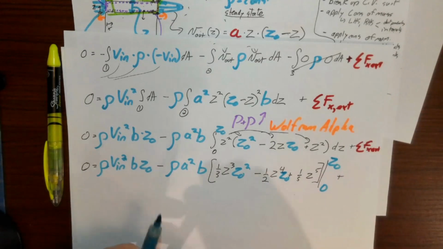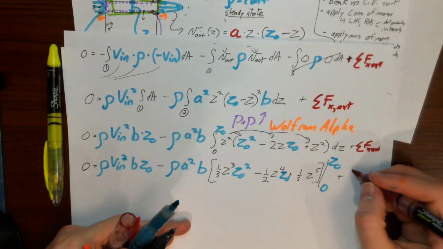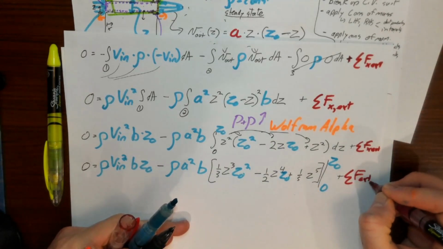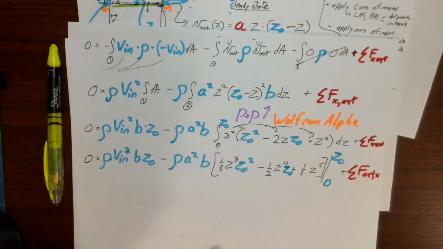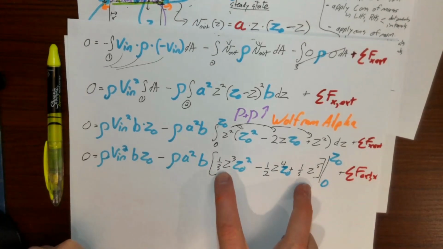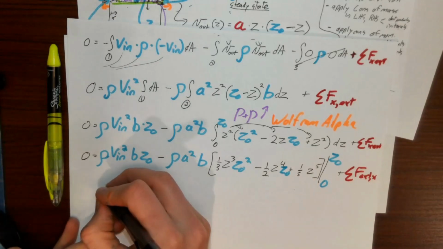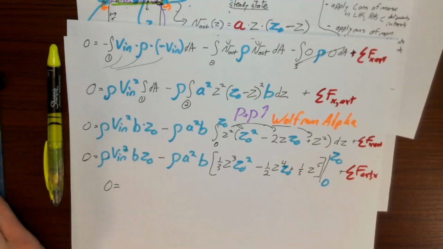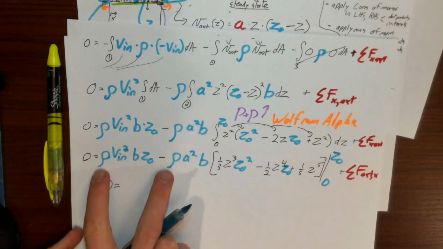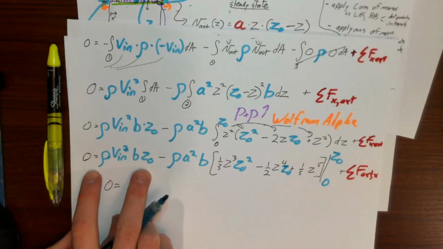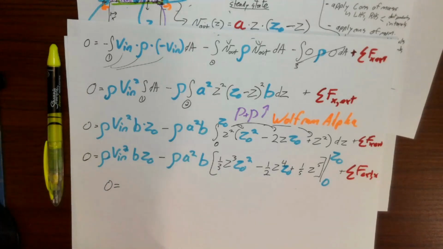And then we still have our sum of x external forces. All right, so when you plug in z naught for all this, some stuff simplifies substantially, and you end up with 0 equals, I guess we can factor out a rho from both terms. And what are we left with?